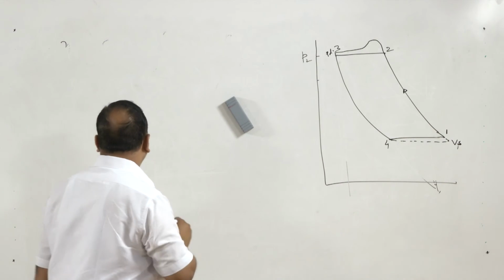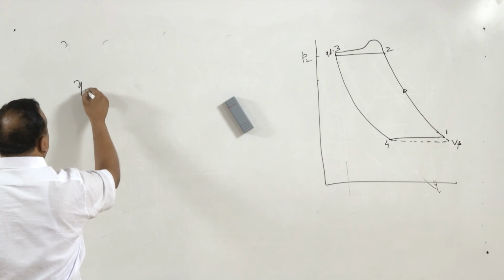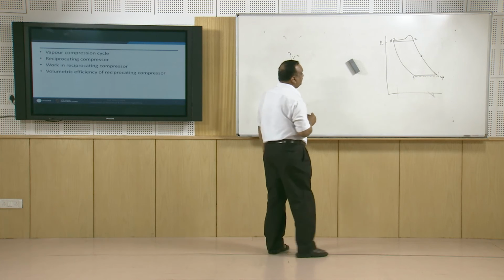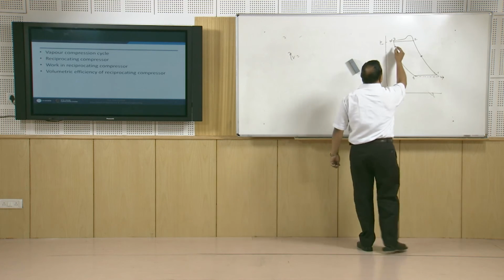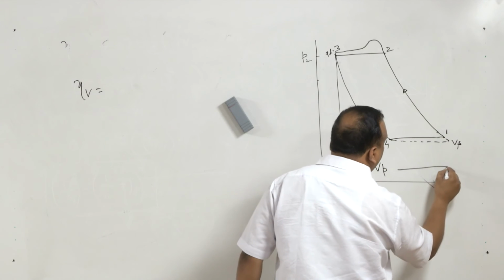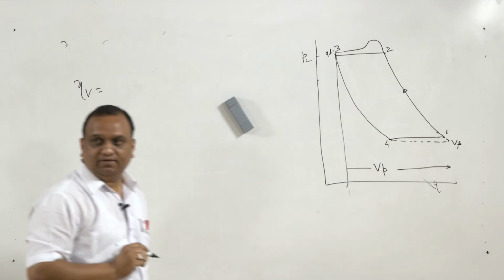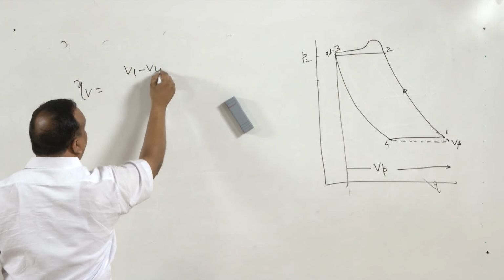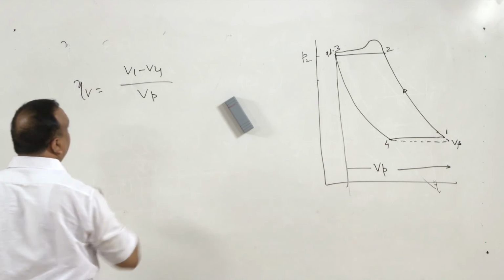Now in this case, the volumetric efficiency, and this is the same Vp. Vp is up to here. So volumetric efficiency is V1 minus V4 divided by Vp.